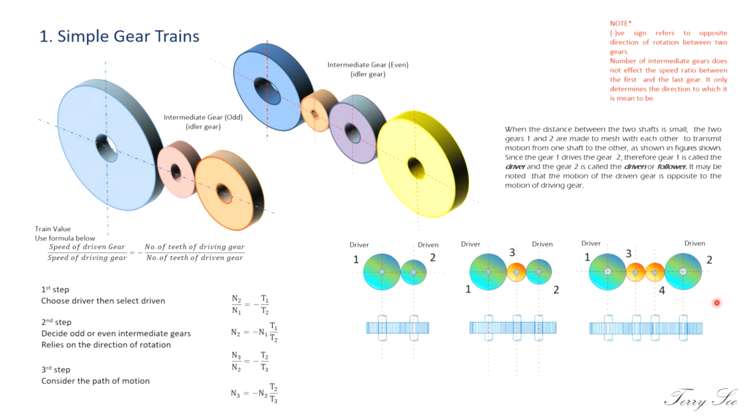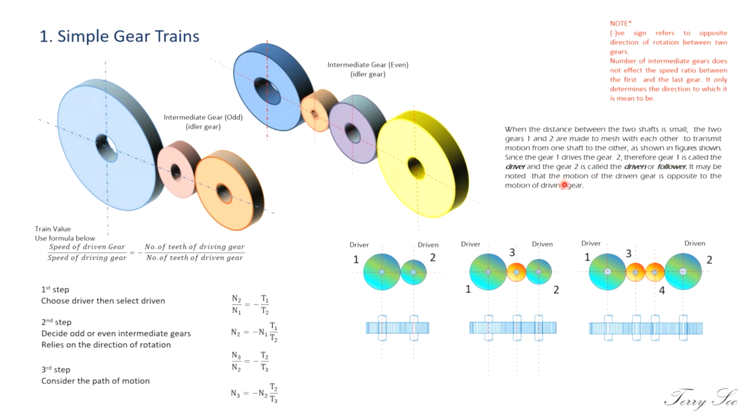So here I have 3 examples. When the distance between the two shafts is small, the two gears 1 and 2 are made to mesh with each other to transmit the motion from one shaft to another, as shown in this figure. Since gear 1 drives gear 2, gear 1 is called the driver and gear 2 is called the driven or the follower.